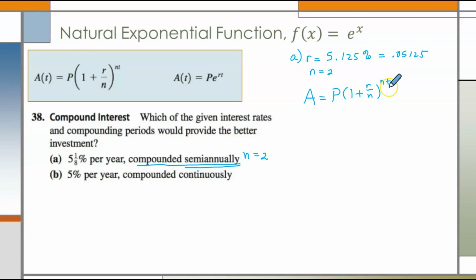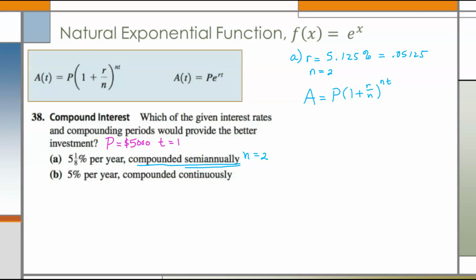We don't have time, T, and we don't have P, our initial investment. So what we're going to do is we're going to go ahead and just provide one for ourselves. And we'll be okay as long as I use the same value for both formulas. Okay, so let's go ahead and just make up a number. Let's say we're going to invest $5,000 for 1 year.